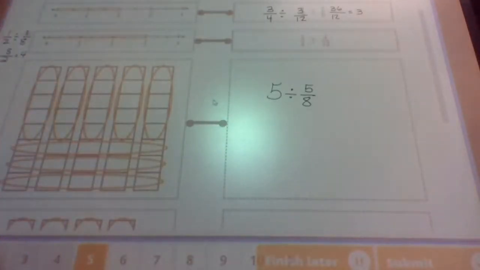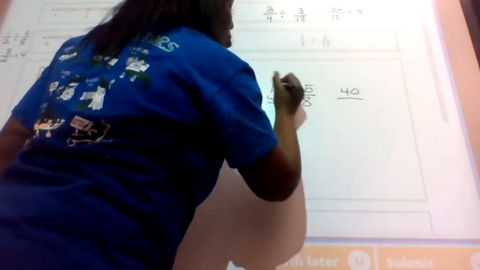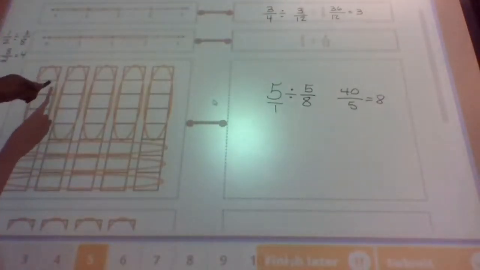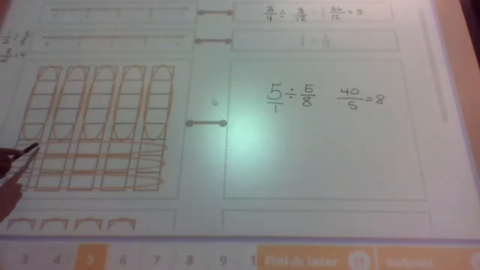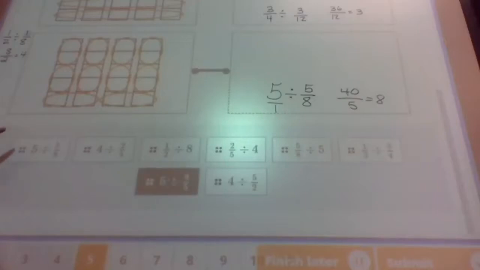All right. So that would be 40 divided by 5, which is 8. Do we have 8 circles? 1, 2, 3, 4, 5, 6, 7, 8. Yes. So that's 5 divided by 5/8. Right there.